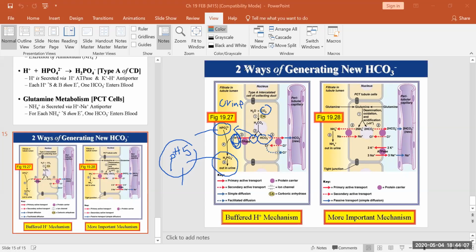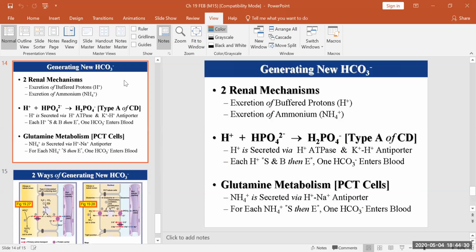However, under severe acidosis that requires lots and lots of bicarbonate, none of the mechanisms we saw up to now is going to work, including this one. The buffered proton mechanism is not enough. Our last hope is the last mechanism, this one here, the glutamine metabolism.